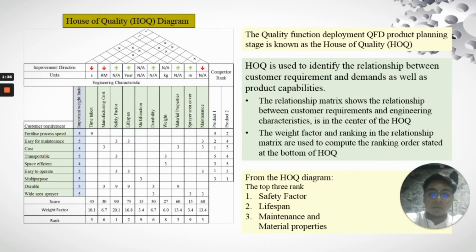For lifespan, the improvement is quite similar to the safety factor, but excludes transportable. Lastly, maintenance and material properties share the same rank, but we need to choose either one. It's more important to be used.